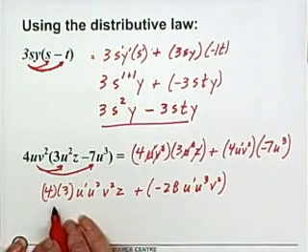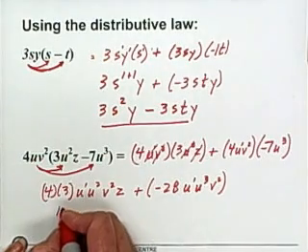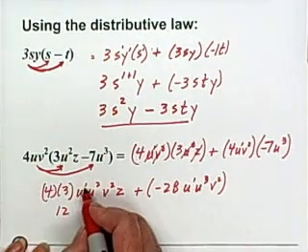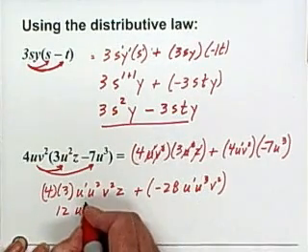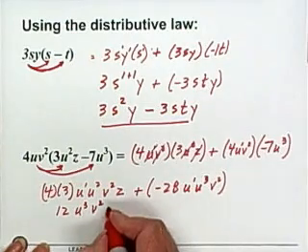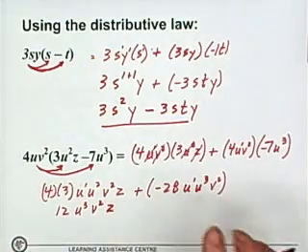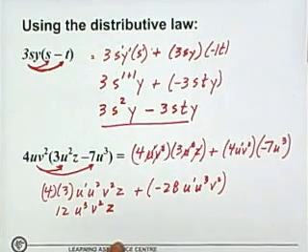So, multiplying this through, we have 4 times 3, which is 12. U to the 1 plus 2 is u cubed, v squared, and z. Now again, the plus in front of the minus, we can just change it to a minus and remove the brackets.